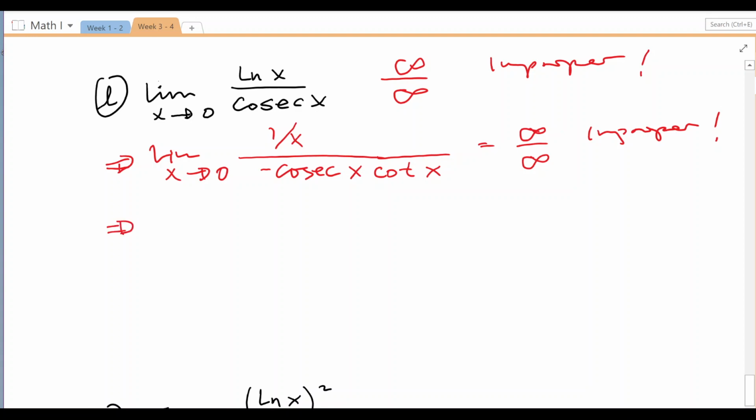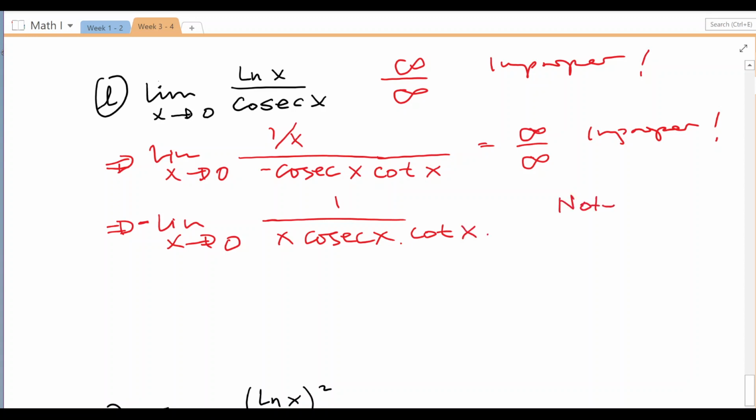This equals the limit as x approaches 0. You can take the negative sign outside, so this is actually negative, 1 over x, cosec x times cotangent x.